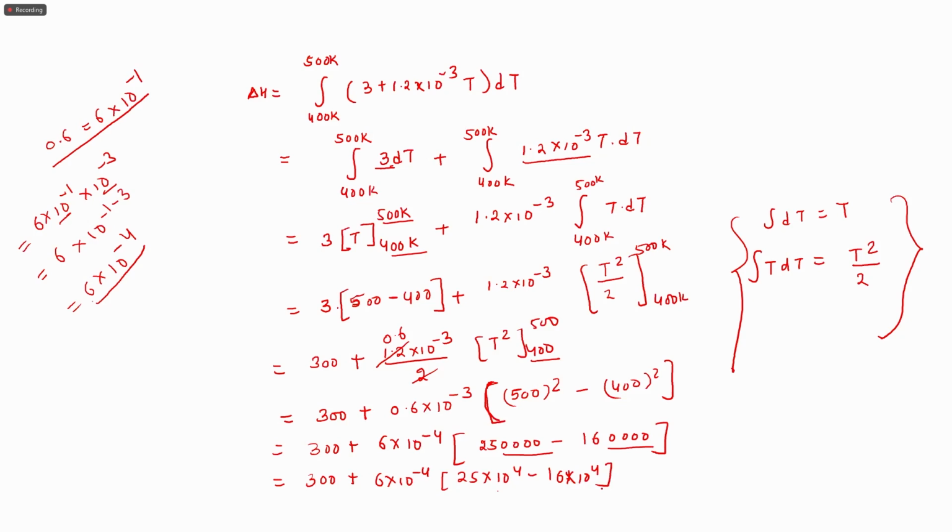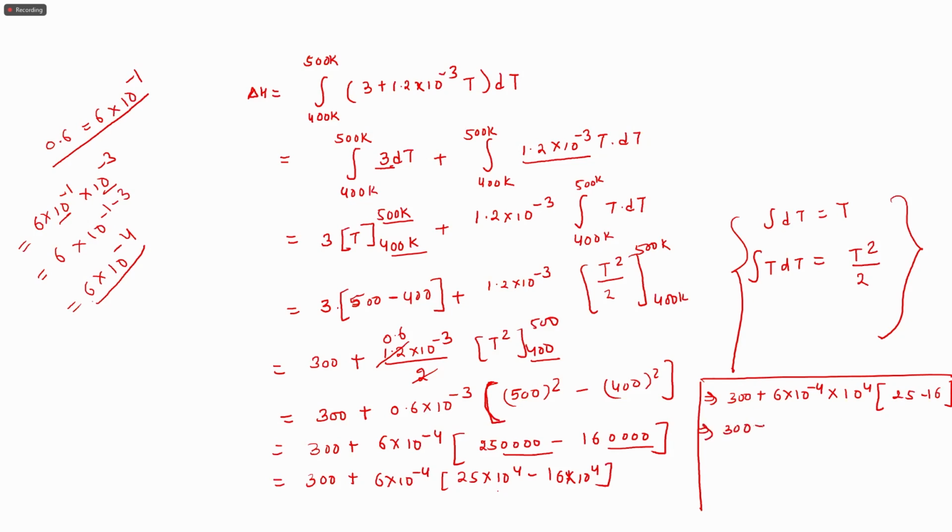So here 10 to the power 4 is common. Let us take it out. So it will become 300 plus 6 into 10 to the power minus 4 into 10 to the power 4, and in bracket we will be left with 25 minus 16.